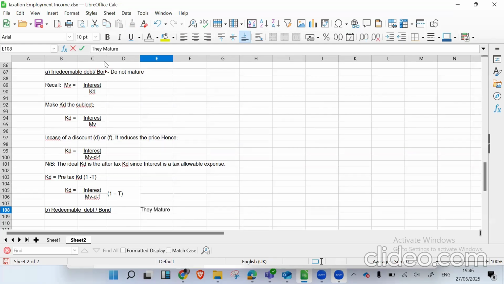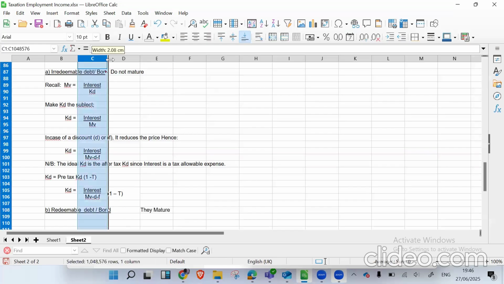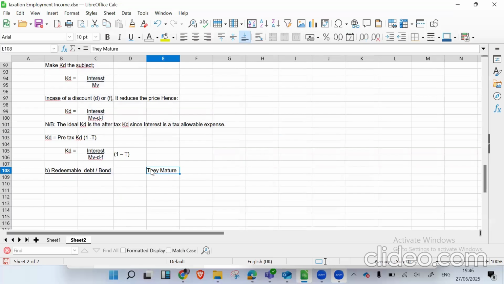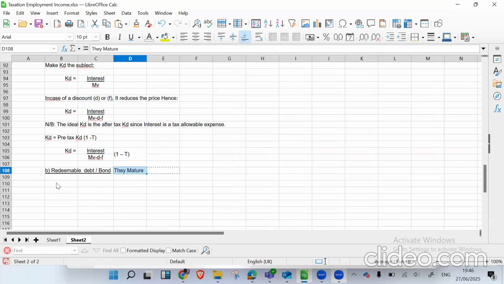If they are for 5 years, after 5 years they will mature. Great. So we apply the concept of bonds yield to maturity, YTM.